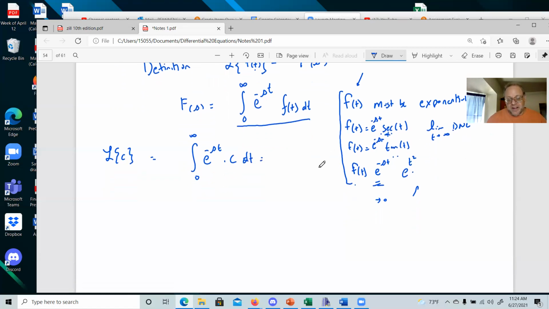This is not so bad, because the constant moves through the integral sign. So it's really the integral from 0 to infinity of e to the negative st dt.